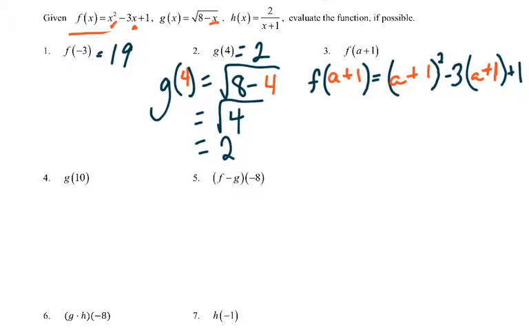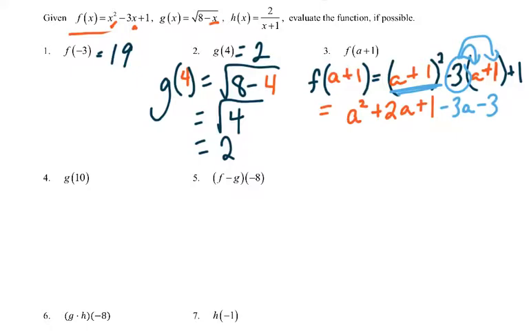until it's fully simplified and there's no other things that I can combine together. So the first thing I'm going to do is take that a plus 1 and square it, which is going to give me a squared plus 2a plus 1. That's from squaring this. Then I take this -3 and distribute it to each part of a plus 1 here. So that's going to be minus 3a minus 3.